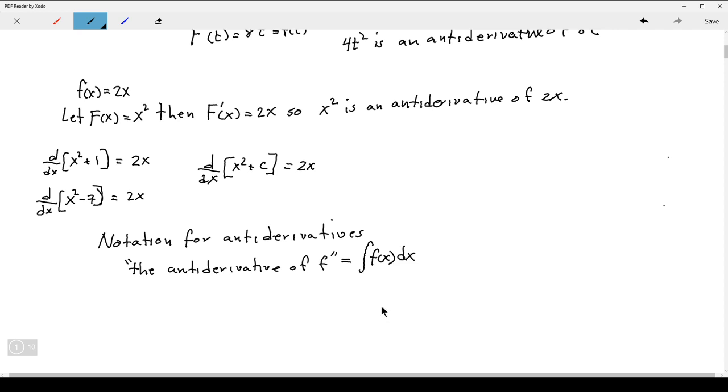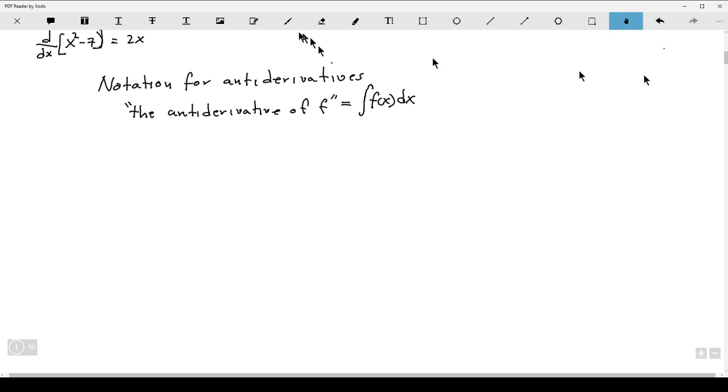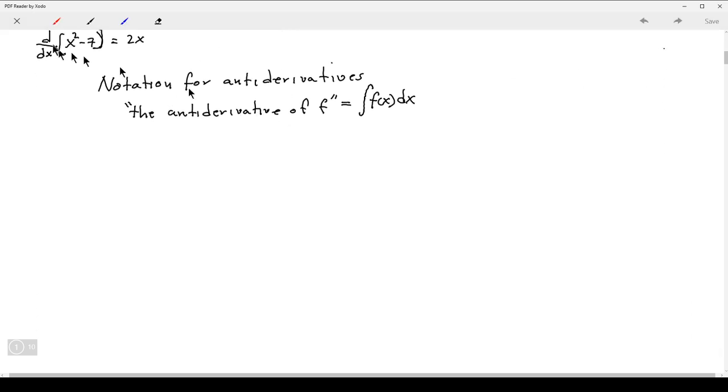Okay. All right, so when you actually take an antiderivative, you have to account for that constant that may or may not have been there in the original function.